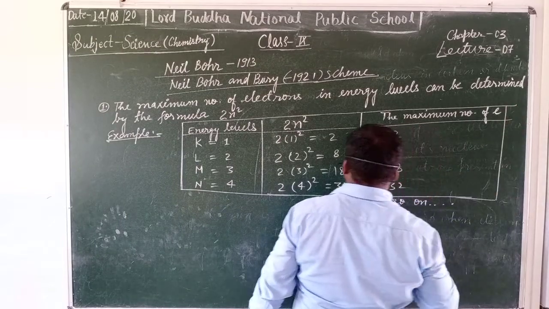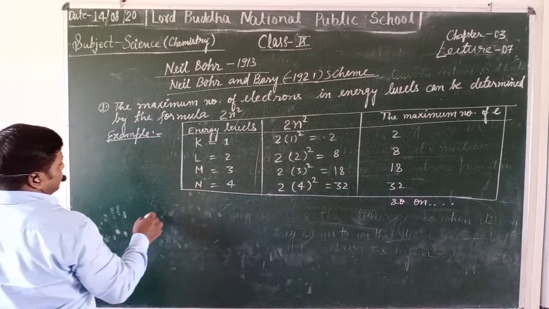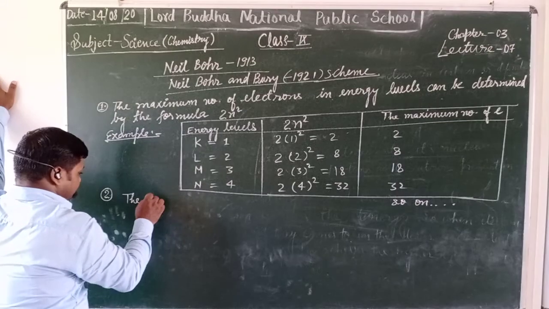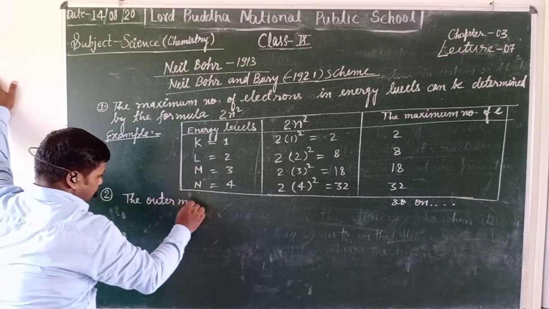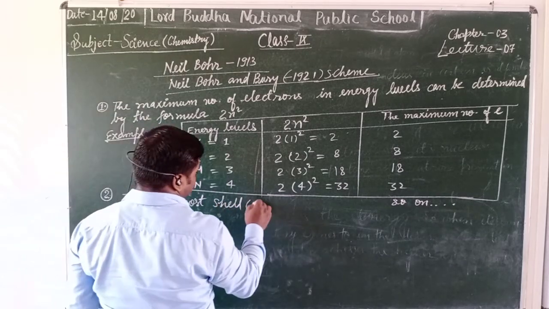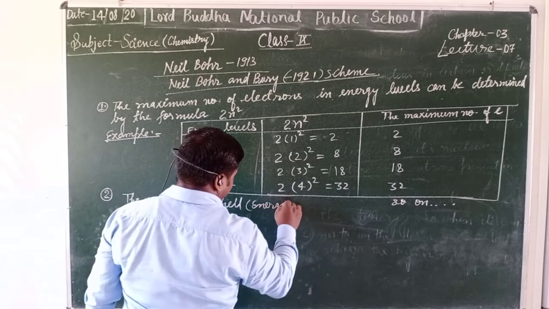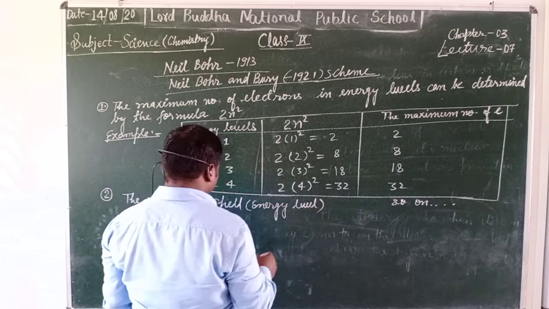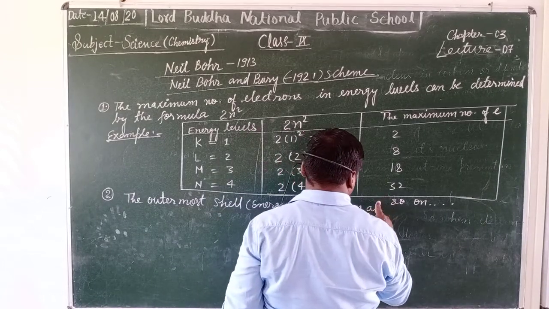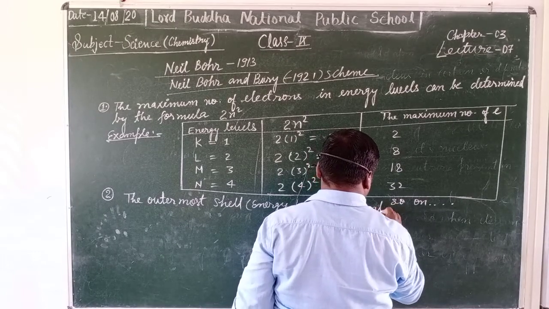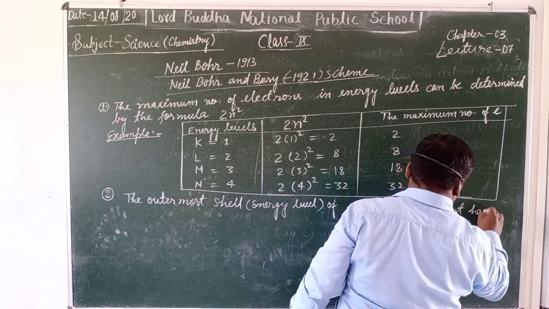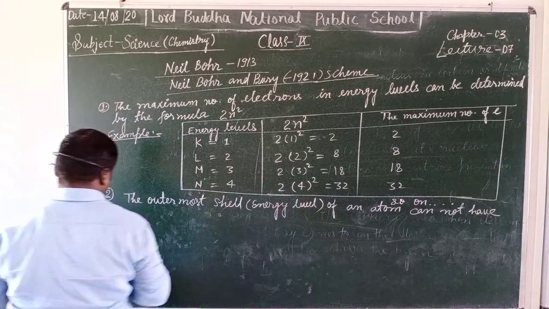Now students, the second phenomenon of their scheme was that the outermost cell or energy level of an atom of an element cannot have more than 8 electrons.